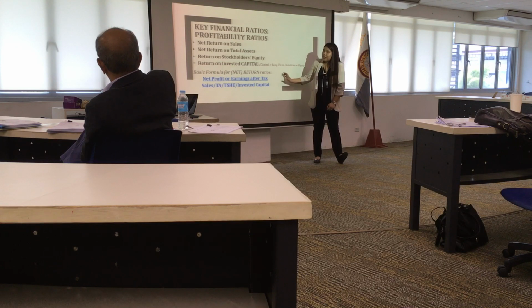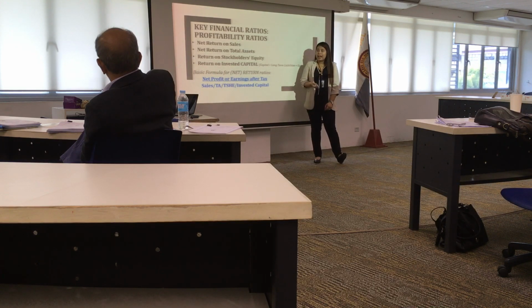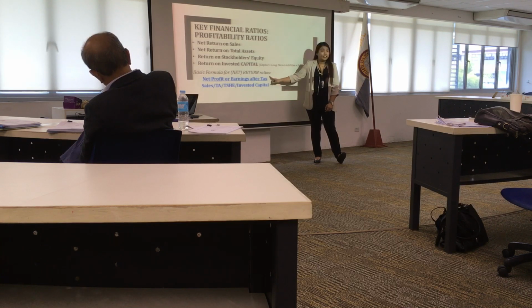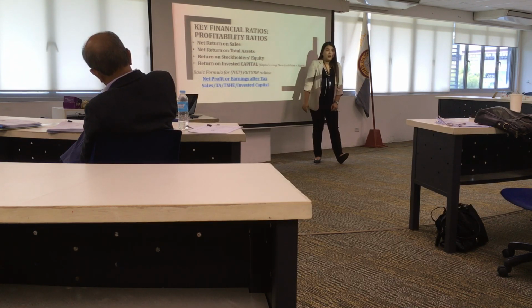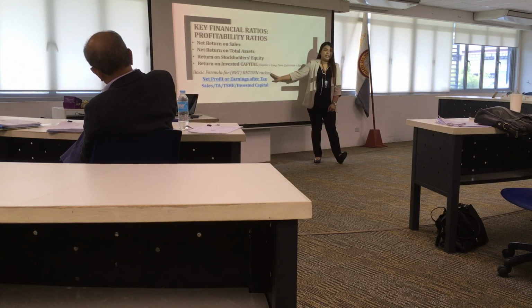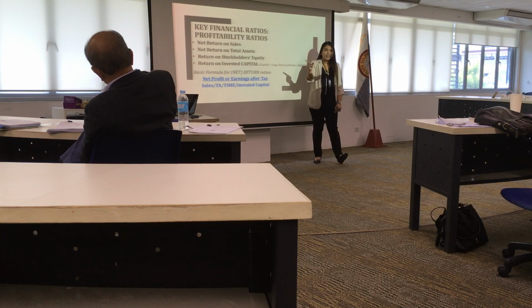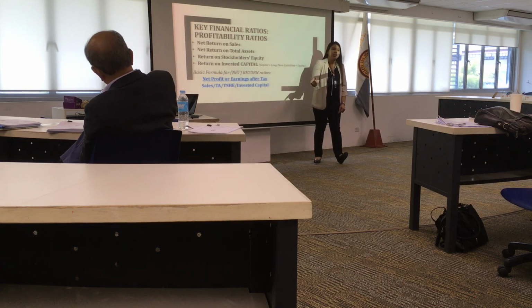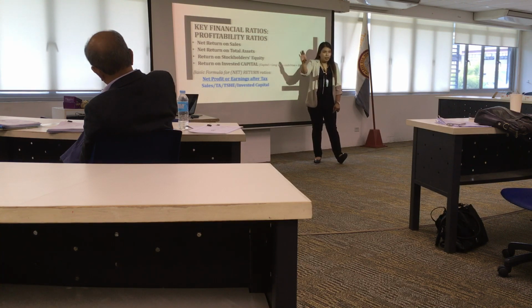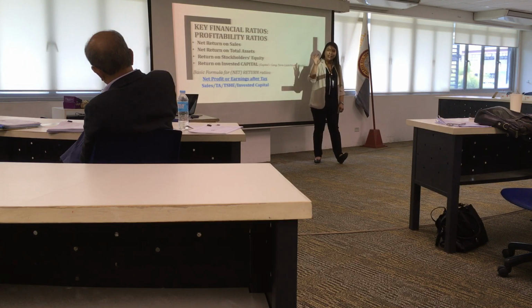Under this ratio, for the analysis, the higher the return ratio, the better the performance of the company. So far we have two types of main ratio under profitability. We have margin ratio. How do you compute the margin ratio? Simply, it is profit over sales. The term will depend on the kind of profit.